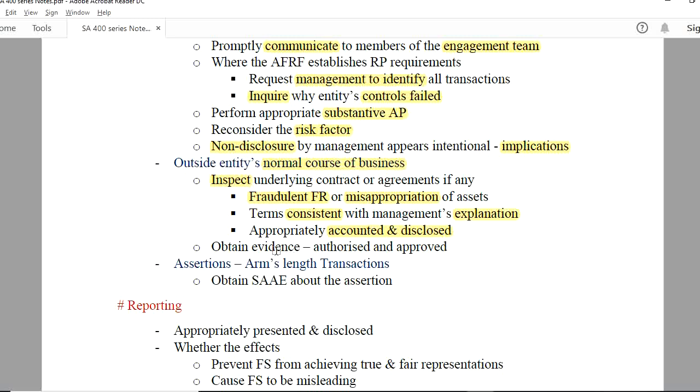He shall also need to obtain evidence regarding whether these transactions have been properly authorized and approved by the respective authorities.